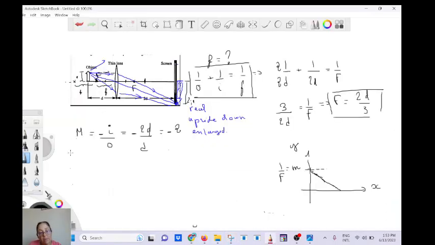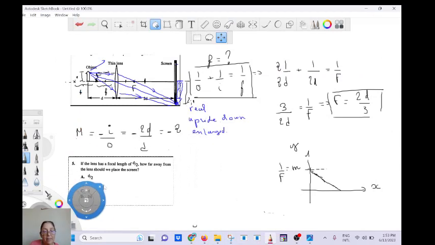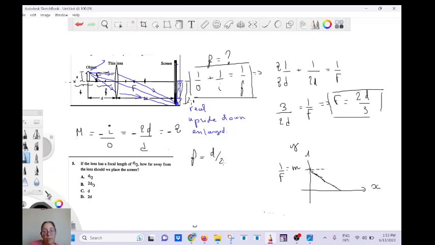We are still working with that figure here. So now the focal distance is d over 2. They try to confuse you with the wording, but they're just asking what's going to be I, the distance of the image. The object is still d. And the question is just find the distance of the screen.